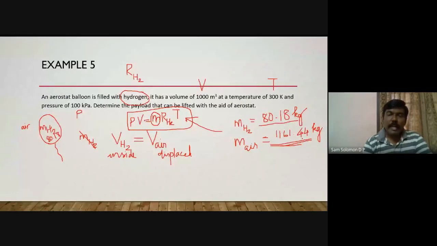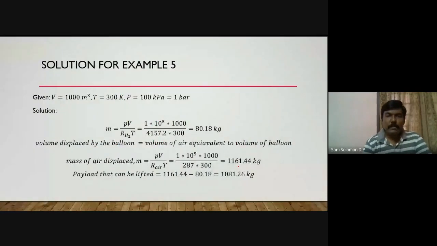That much air can be displaced by a balloon having a volume of 1000 meter cube. But because I'm using only hydrogen, I will be able to displace only 80.18. The maximum mass that can be displaced is 1161.44. So we subtract this from this, and that would be the maximum payload that can be lifted. That is what is mentioned here.